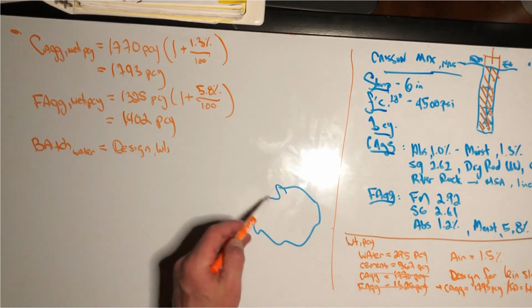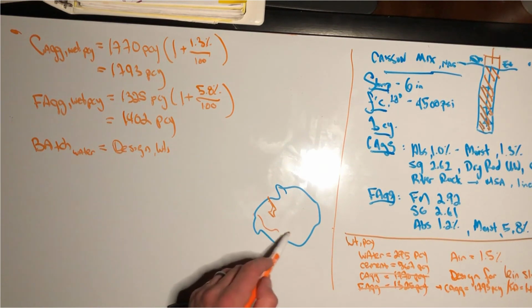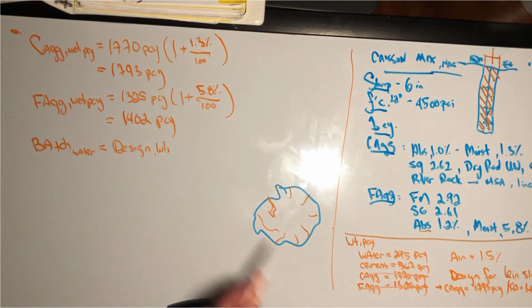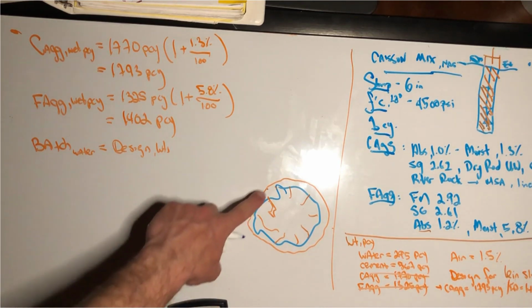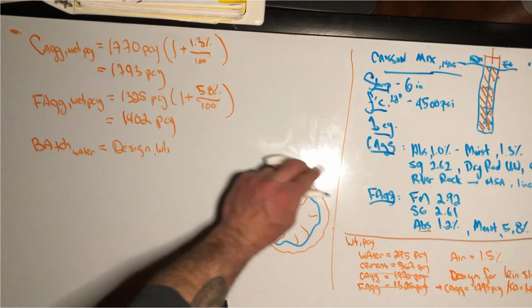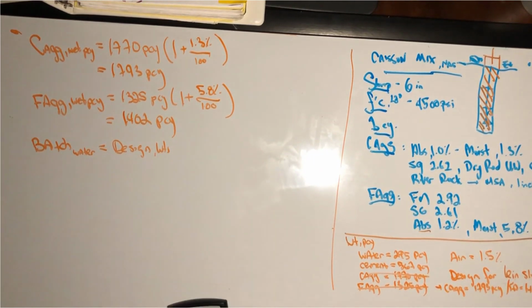You have water that's been absorbed into the body, and that's based on our absorption number. And then you have a certain amount of free water on the surface of the aggregate, and that's going to be moisture minus absorption. And the reason why we're concerned about that is that moisture is going to contribute to our mix design, our water cementitious ratio, as well as our water of convenience. So we want to take that water into account.